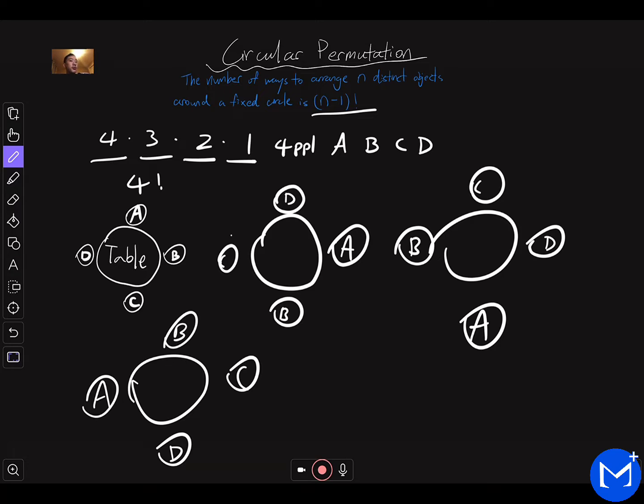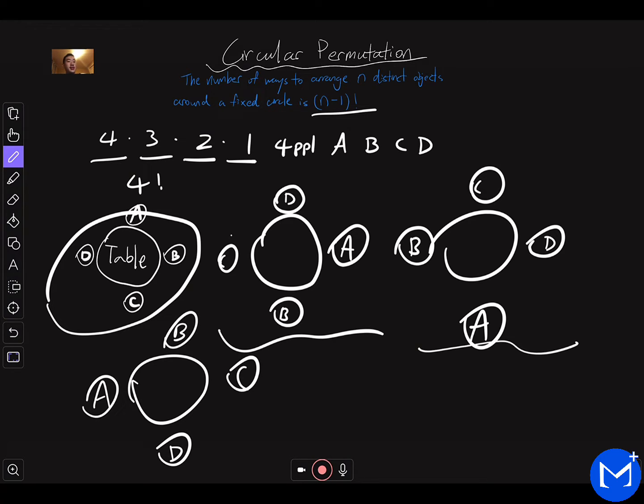You would probably notice that all these 4 cases are the same, right? You just simply rotate the table and get a seemingly different result, which is actually the same. Why? Because if you were to look at this table from a different angle, you'd get this, this, and this.